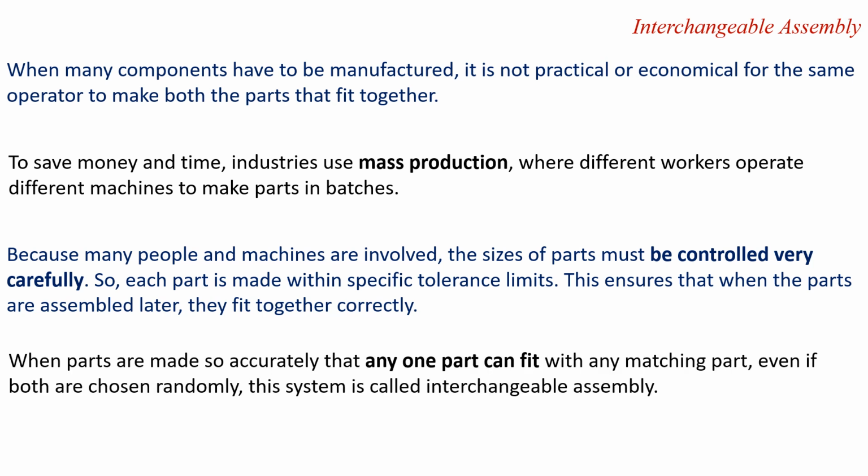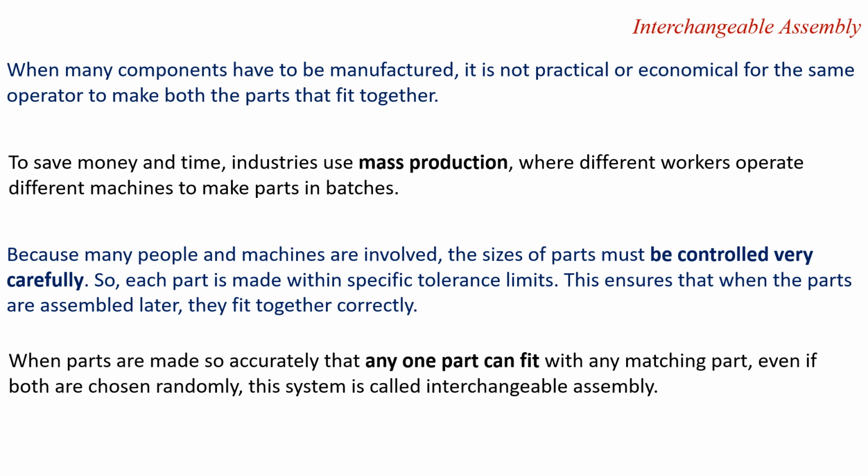When parts are made so accurately that any one part can fit with any matching part, even if both are chosen randomly, this system we are calling the interchangeable assembly.